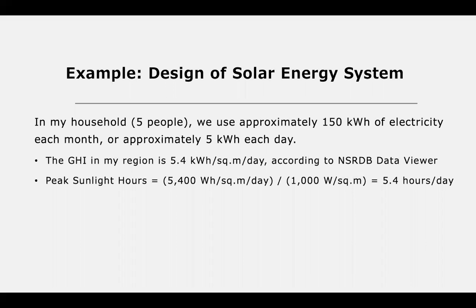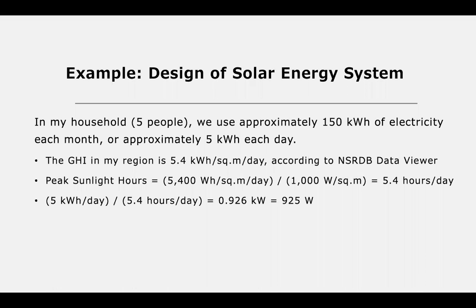So 5.4 kilowatt hours is equal to 5,400 watt hours. I take that value, 5,400, divided by 1,000 watts per square meter, which gives me a value of 5.4 hours per day. You can see that the watts and the square meters cancel out, leaving me with just hours per day, right? So in my region, I have peak sunlight for about 5.4 hours each day.